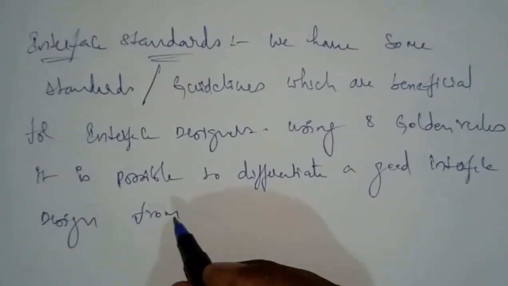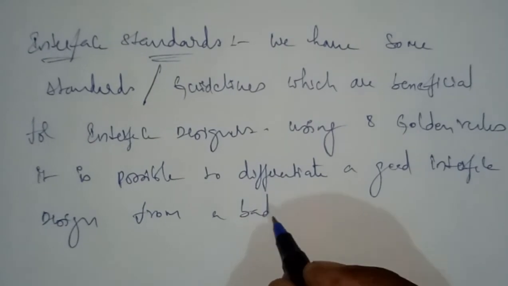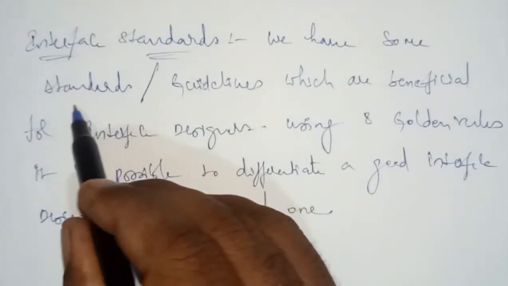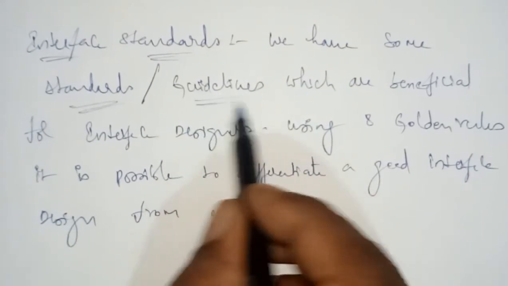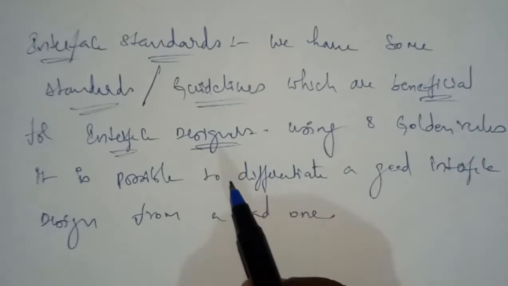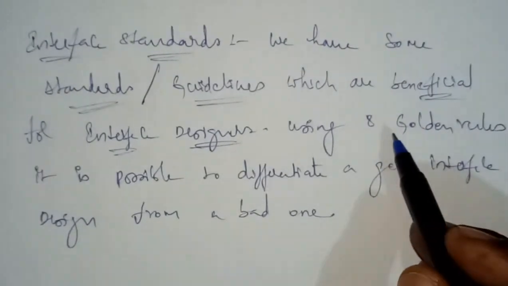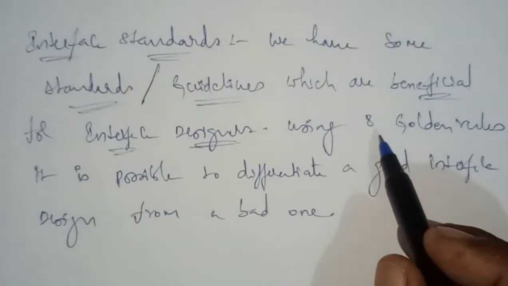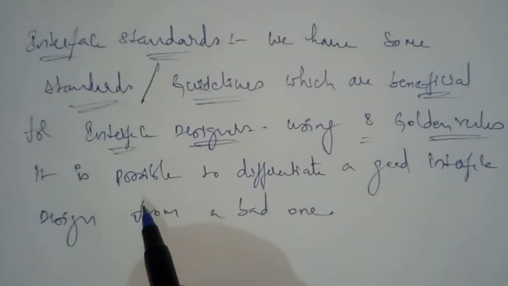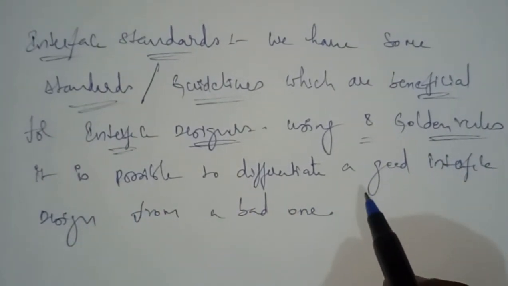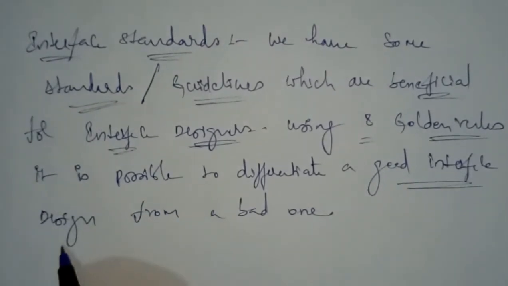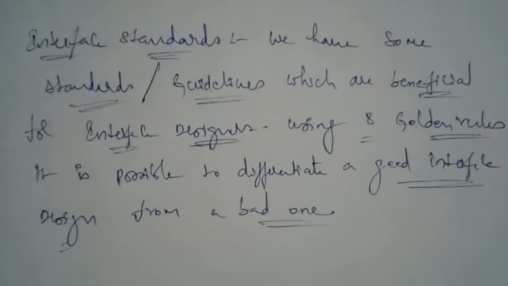We have to follow some standards or guidelines which will be beneficial for interface designers. In the previous classes we have gone through the 8 golden rules, by which it will be possible to differentiate a good interface design from a bad one.